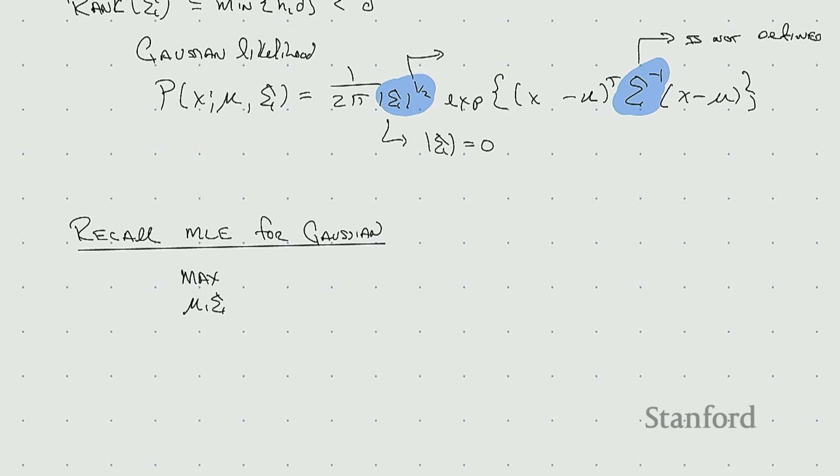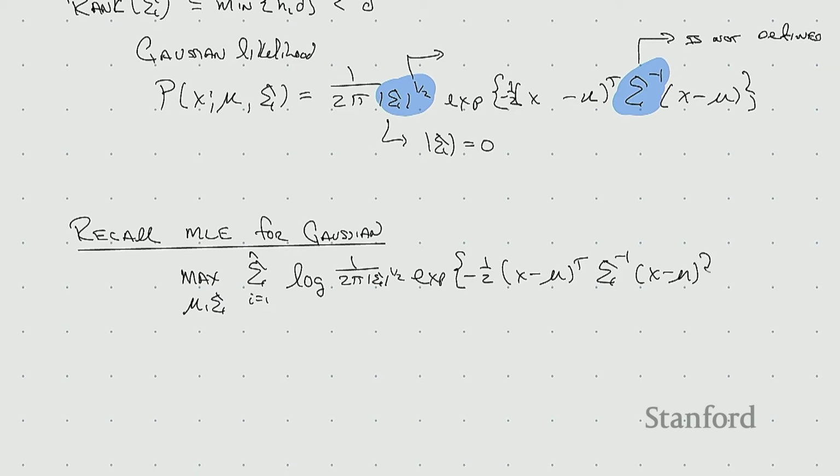So remember, the way we fit these things to data looks like this. We sum over all of the data. We take the log of 1 over 2 times the likelihood, exp of, oh, sorry, there's a negative 1/2 here. That doesn't change the story. Negative 1/2 x minus mu, transpose sigma inverse, x minus mu, and so on.